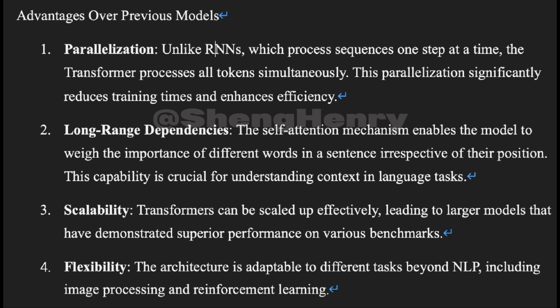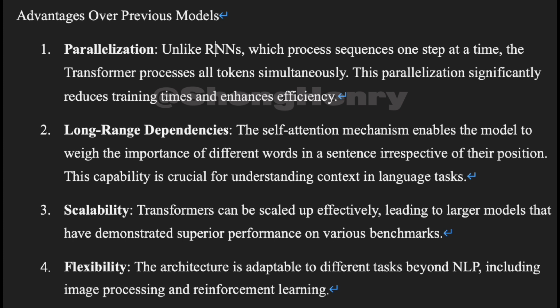Here are 4 advantages of transformer models I summarize. The first one is parallelization. Unlike RNNs, which process sequences one step at a time, the transformer processes all tokens simultaneously. This parallelization significantly reduces training times and enhances efficiency.